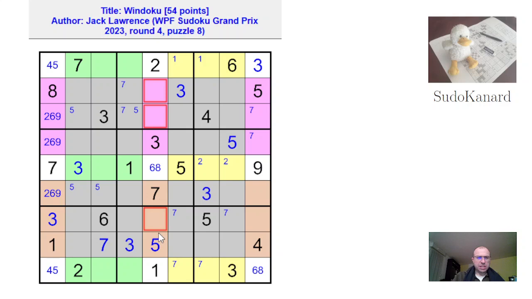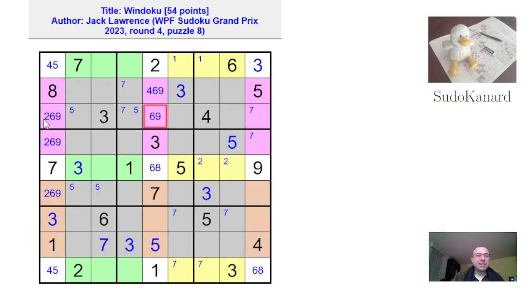This column still needs 4, 6, 8, and 9. But 8 is not here in the pink region because of that. So 8 will be here or there. So I was saying 4, 6, 8, 9. So those are from 4, 6, and 9, but that's not a 4 because of this 4.